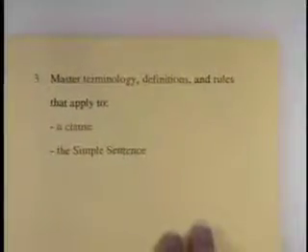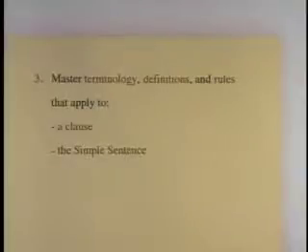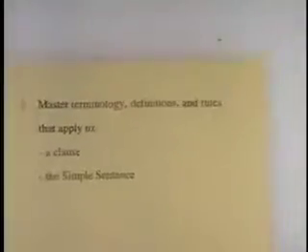And as we go through that, this is an overview today because we're going to come back to that concept again on the next lecture. You're going to master terminology, definitions, and rules that apply to a clause of any kind, and the simple sentence in particular.